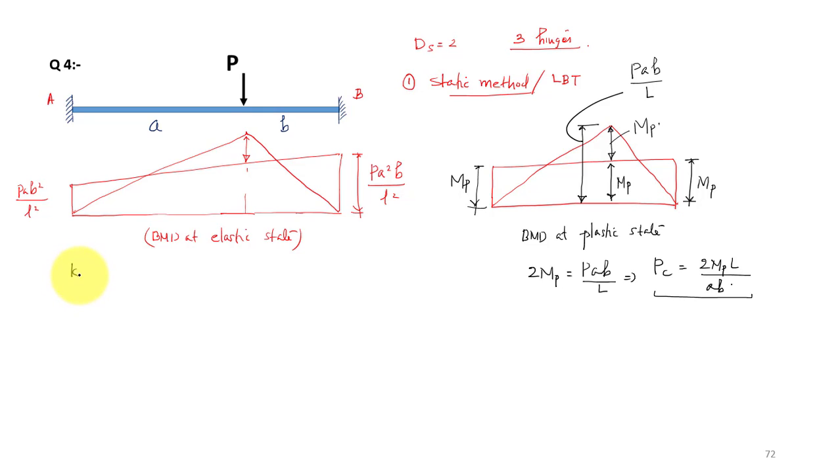And now we will use the kinematic method for the upper bound theorem. In the upper bound theorem, we need three plastic hinges to form the mechanism.